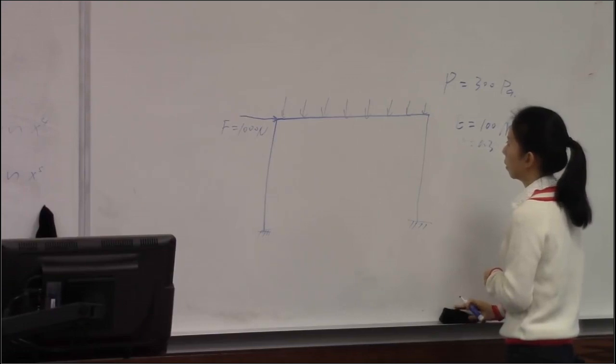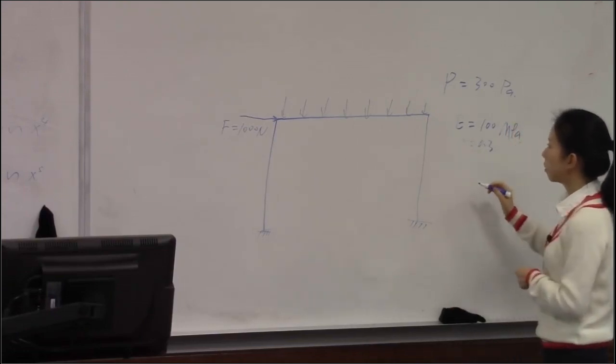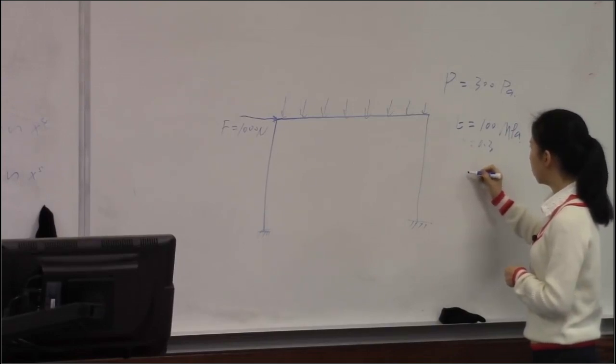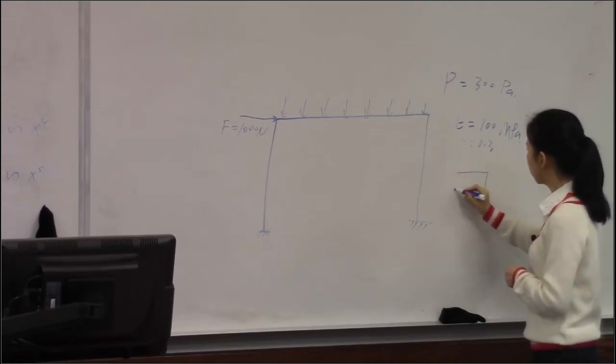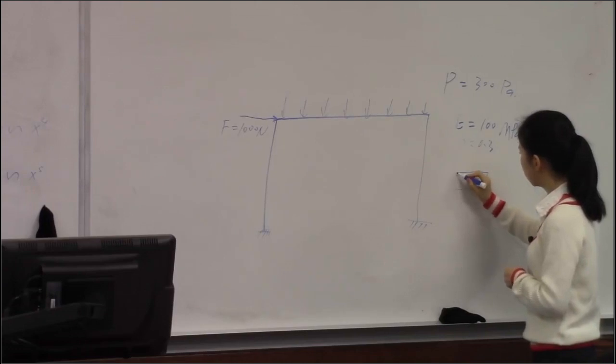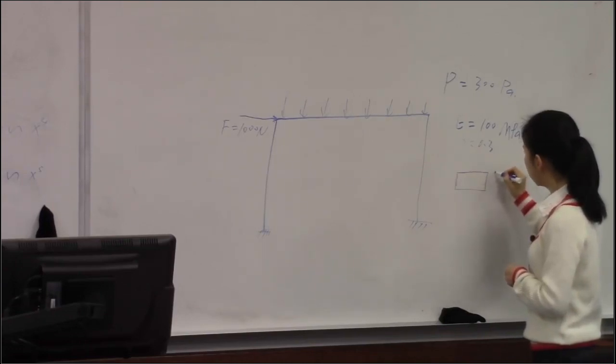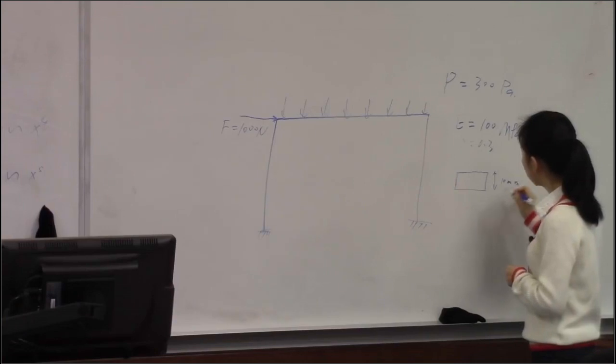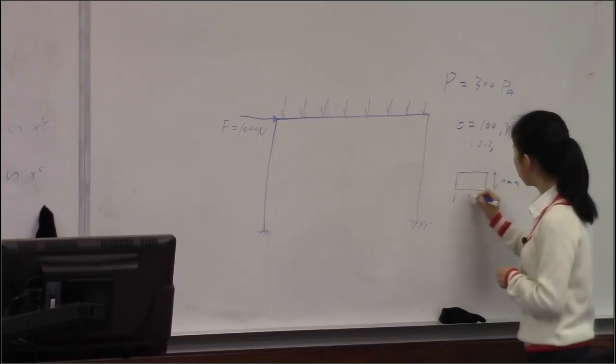What else do we need? The cross section geometry of this one, I use a rectangular shape, and the dimension in this one is 10 millimeter, and the dimension of this is 20 millimeter.